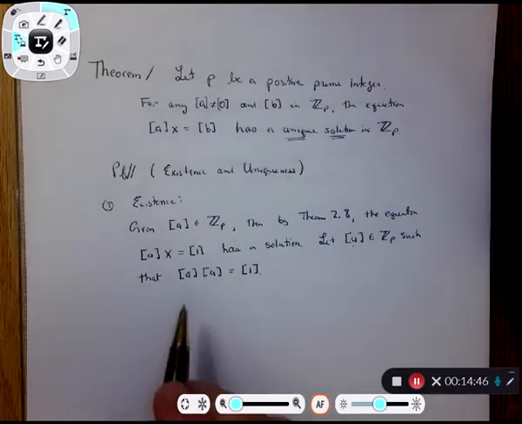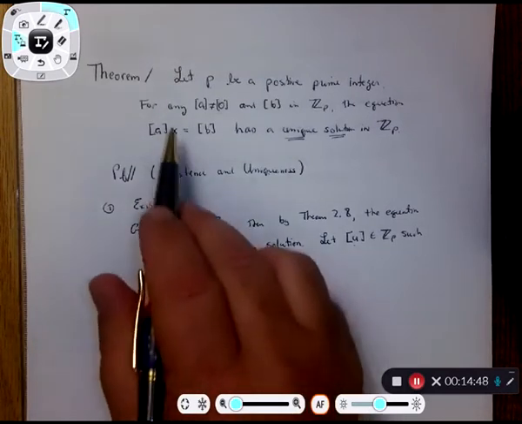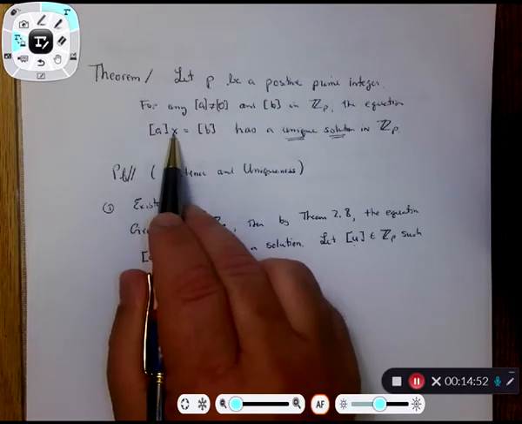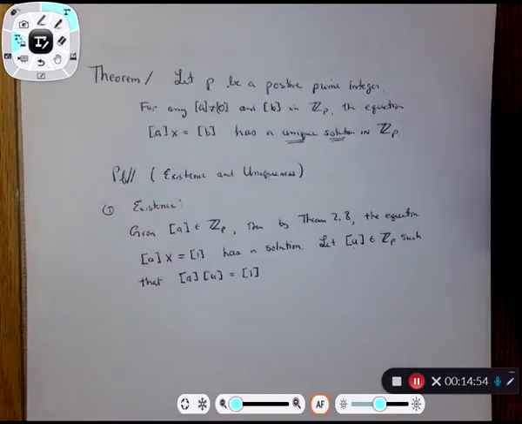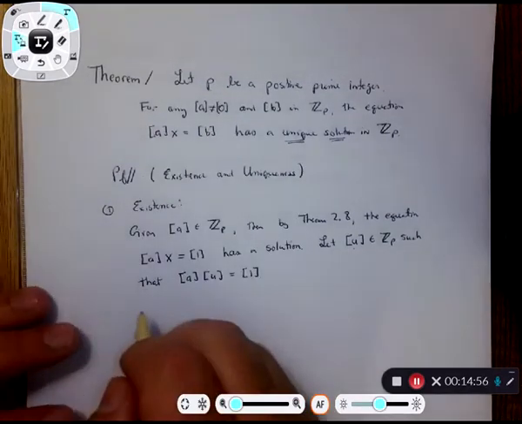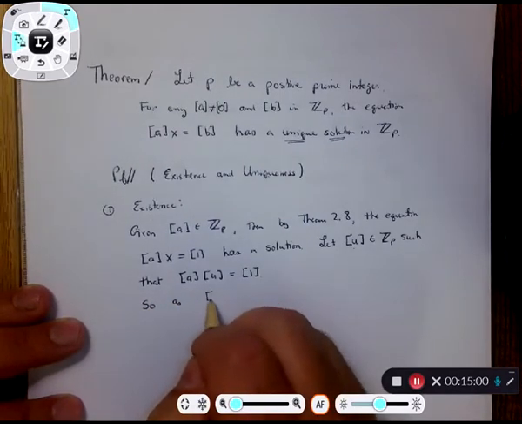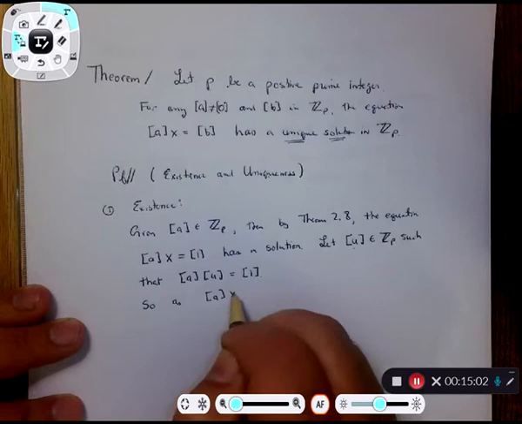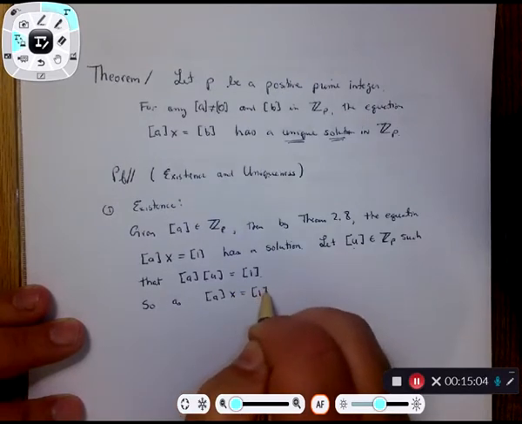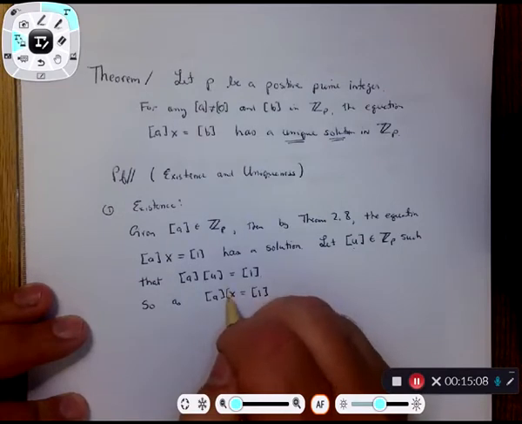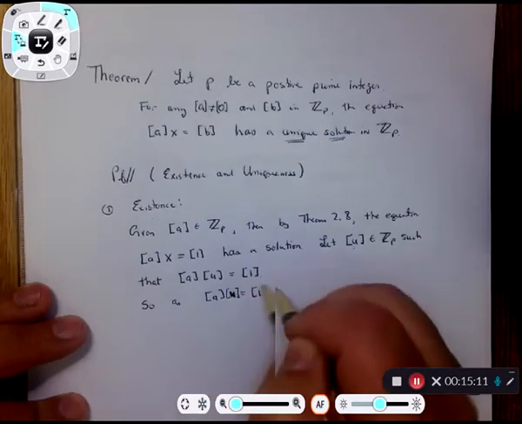Now, but remember, I am trying to show the existence of a solution to this equation, equivalence class A times X equals B. So as equivalence class A times X is equal to 1, okay, put the U in there, equivalence class A times class U is equal to 1.